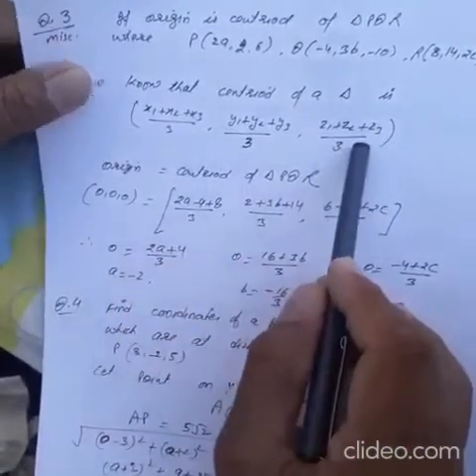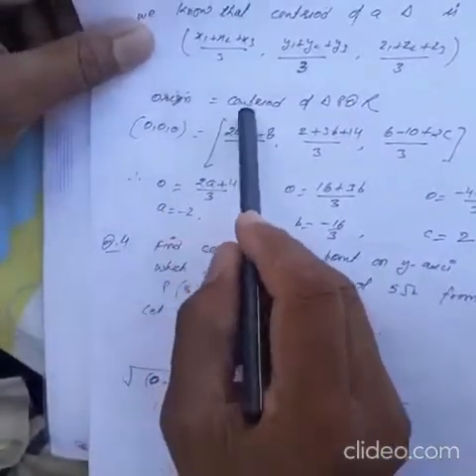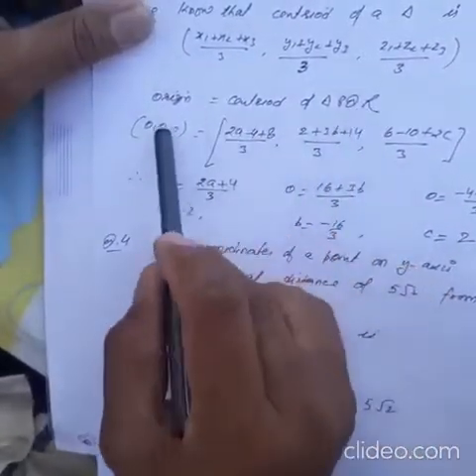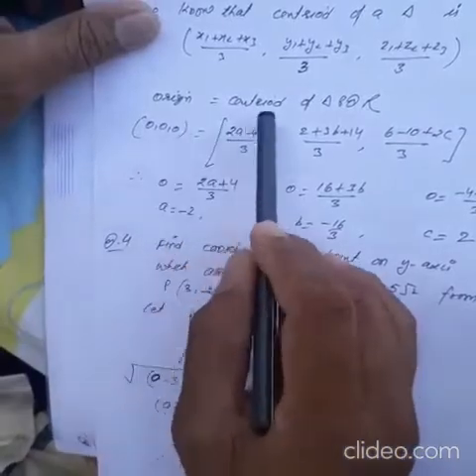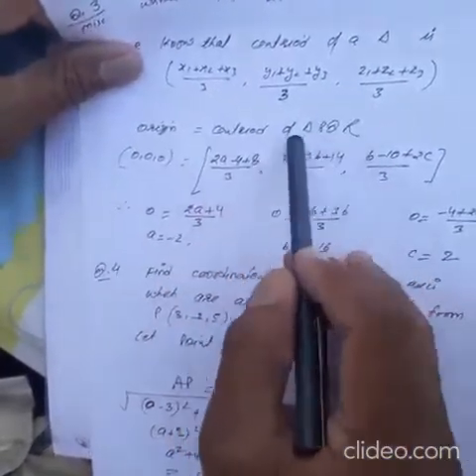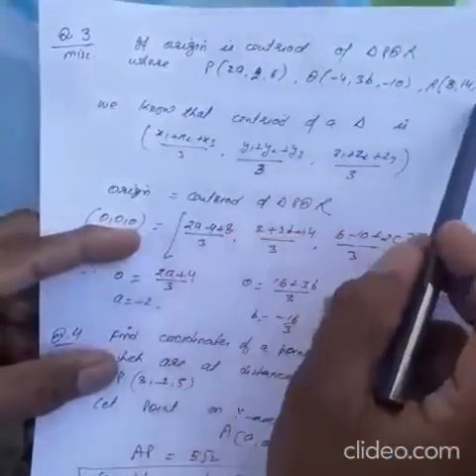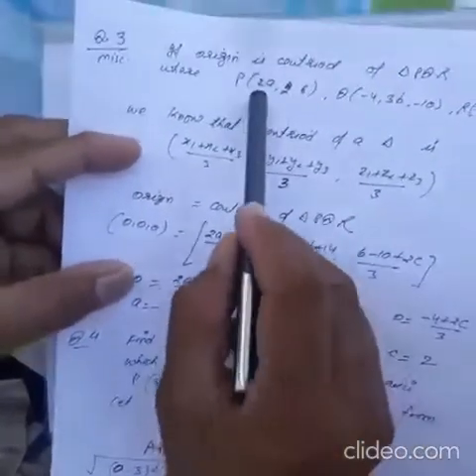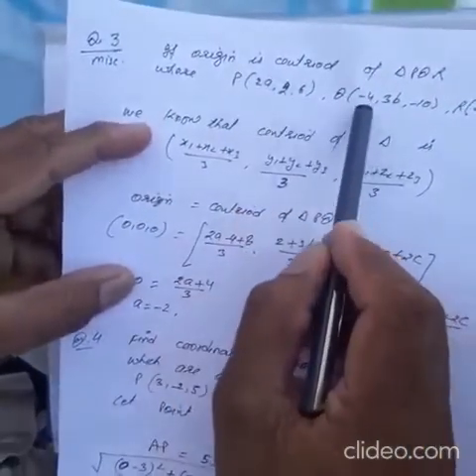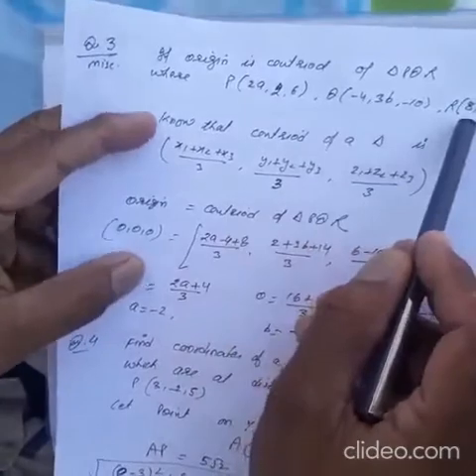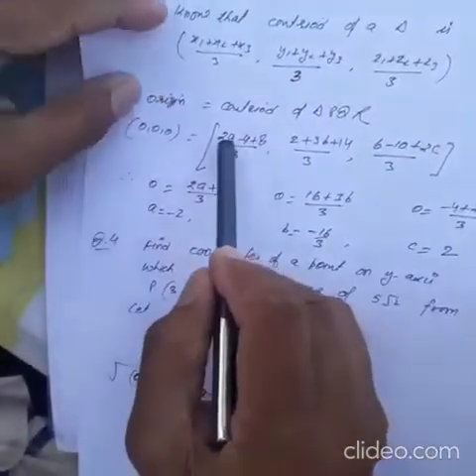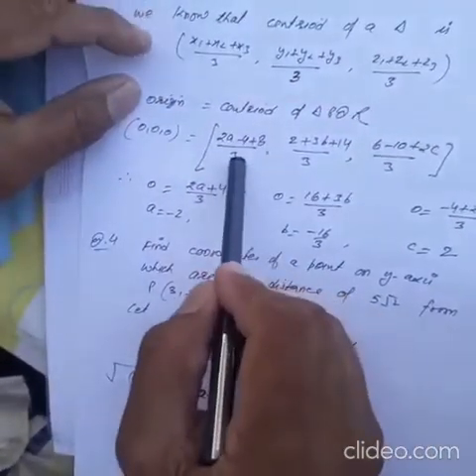So we will apply this formula. Origin is the centroid of PQR, and origin is 0, 0, 0. Using this formula, find out the centroid. These are coordinates of PQR. So x1 is 2a, x2 is -4, x3 is 8. So (2a minus 4 plus 8)/3.